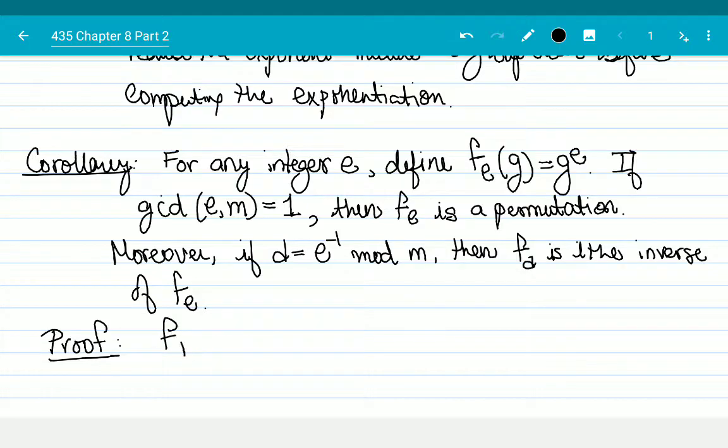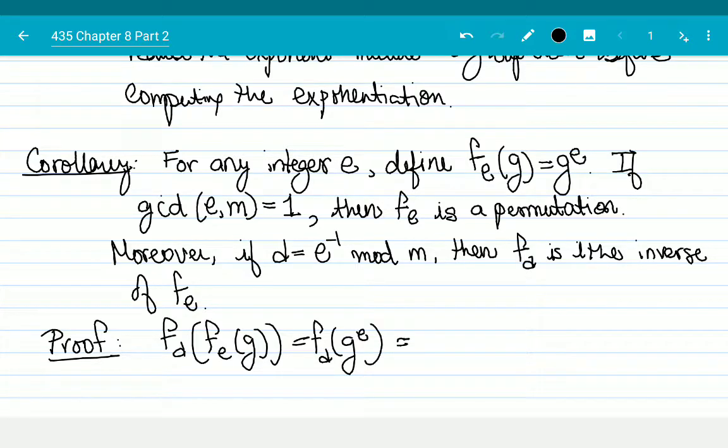Then f sub d of f sub e of g is equal to f sub d of g to the e, which is g to the e all to the d, which is equal to g to the e times d.